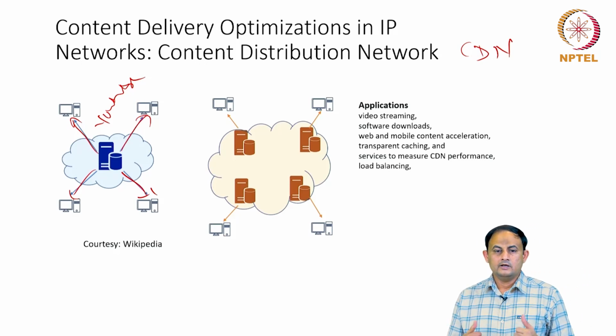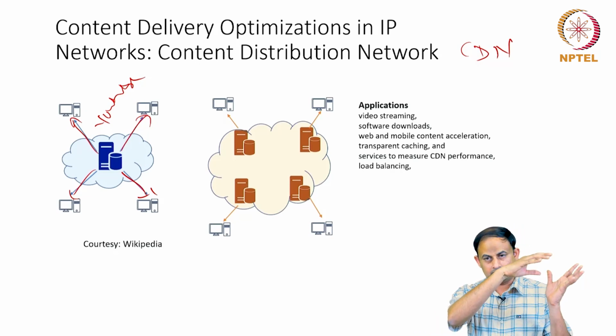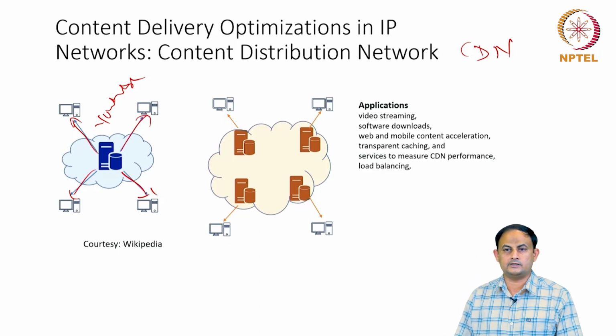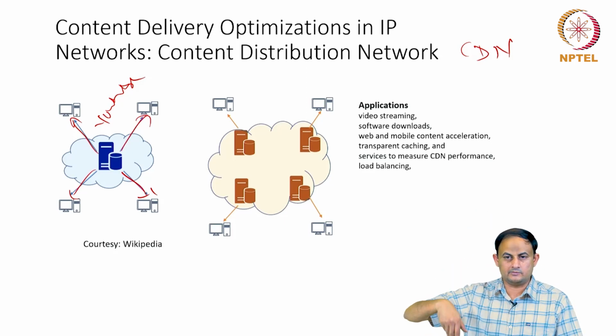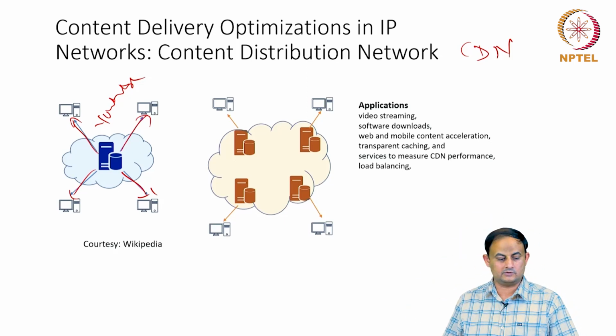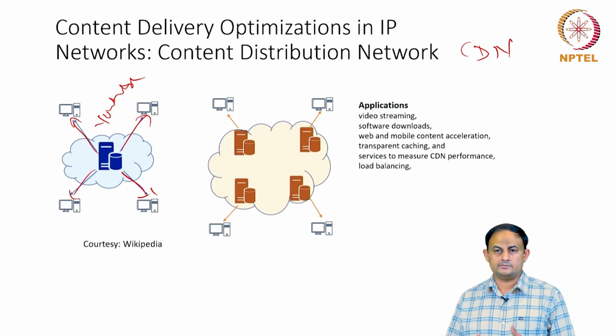The request has to cross 20 routers, and then the response also has to come back through those 20 routers, assuming the transmission is symmetric. Symmetric means the same route is taken for the request to go there and the response to come back.